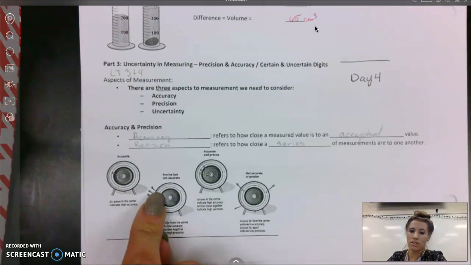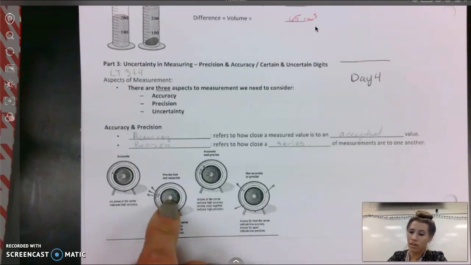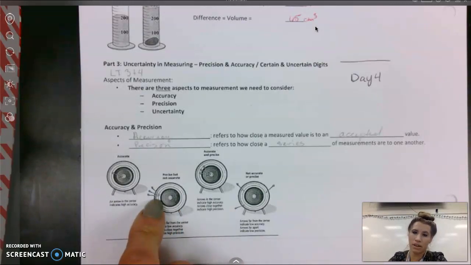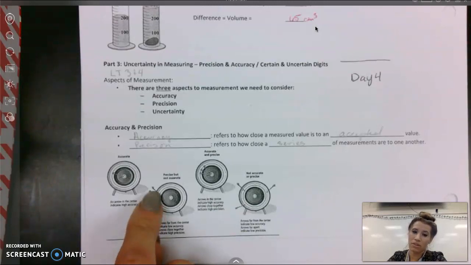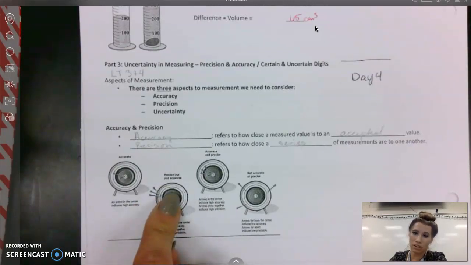Now over here you can see that these darts are not close to the bullseye or the known value, but they are all very close together. The instrument's giving them the same number almost every single time. So it's precise, but it's not accurate.